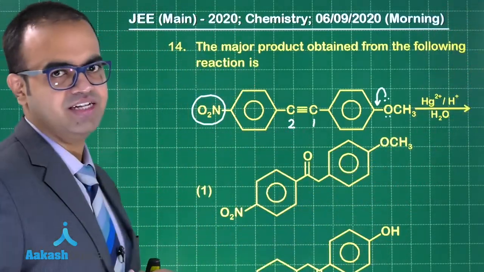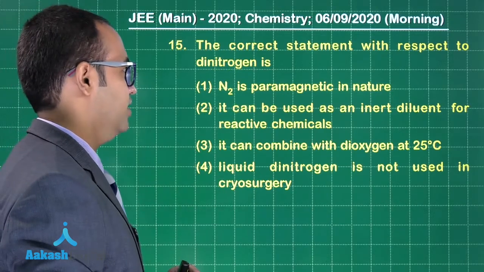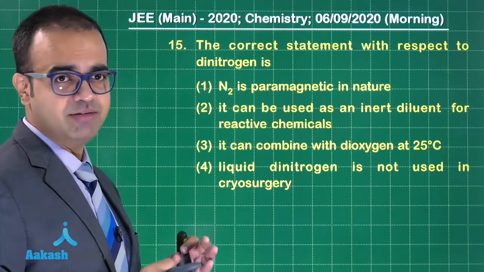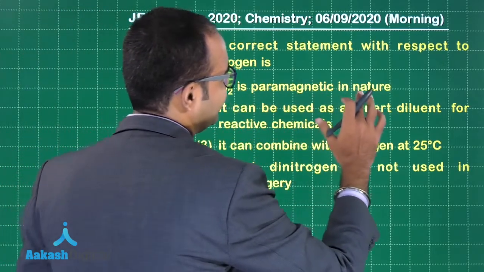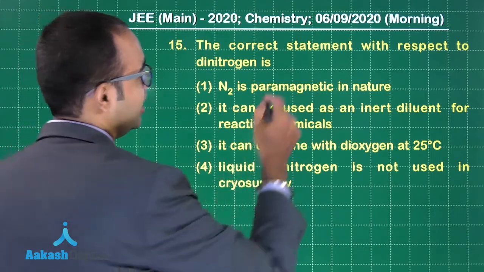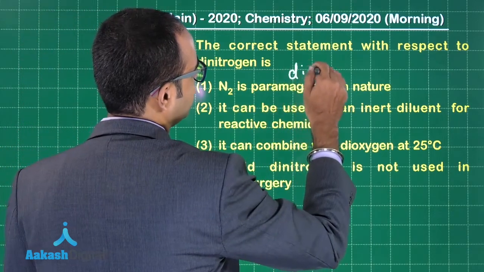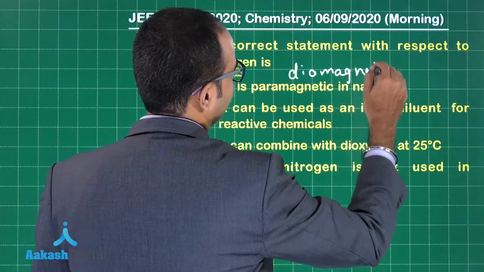The correct statement with respect to dinitrogen. Okay, let us read each and every statement very carefully. N2 is paramagnetic in nature. No, N2 is not paramagnetic in nature, guys. N2 is diamagnetic in nature, right?